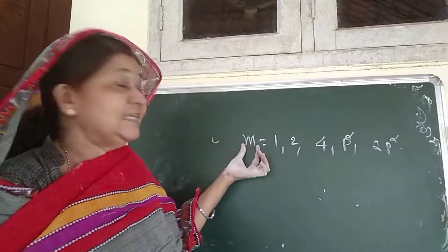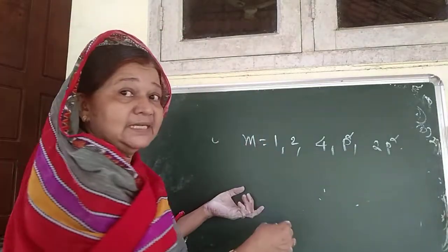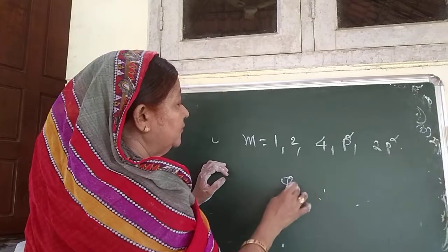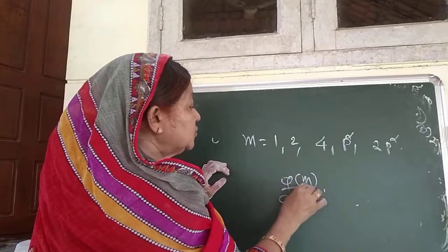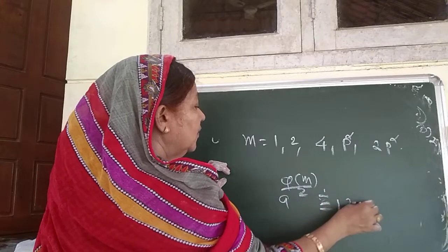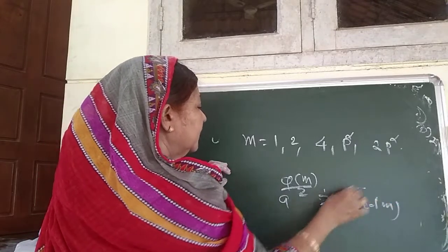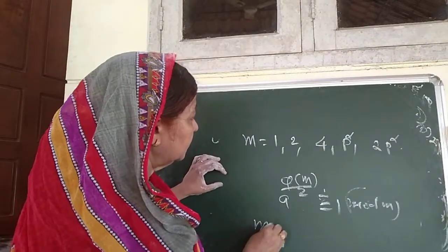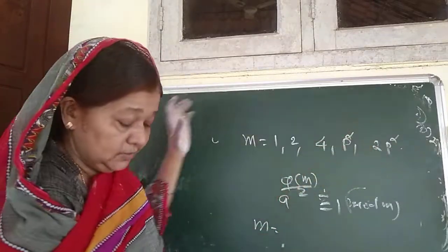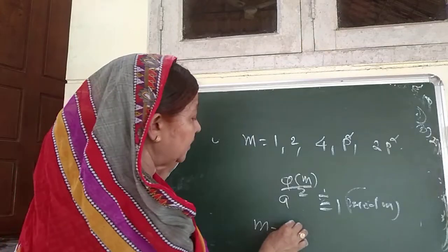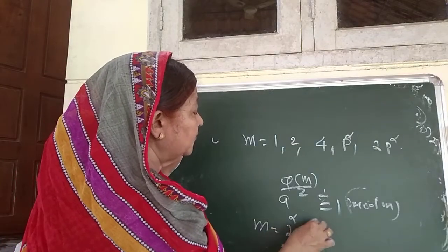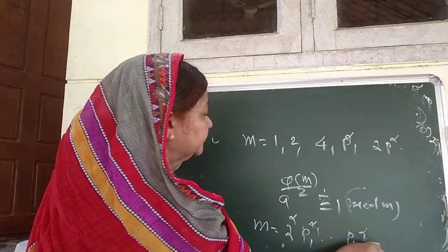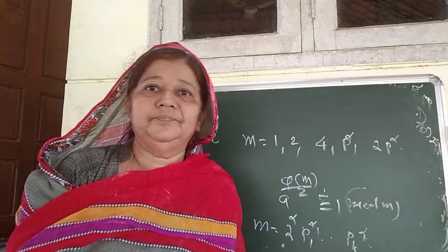So for any such m, we can easily show, just as in the first case, that a raised to phi of m by 2 is congruent to 1 modulo m, where m is not of this form. So it may be 2 raised to alpha into p1 raised to alpha 1 into p2 raised to alpha 2 and so on up to pk raised to alpha k. Okay. Thank you.